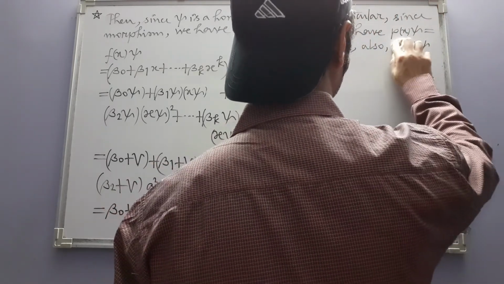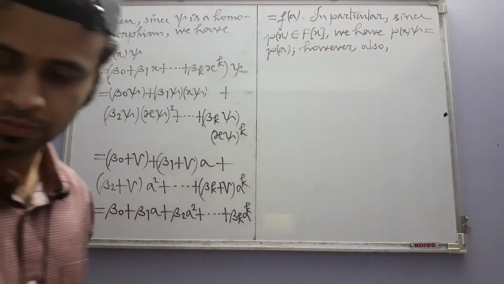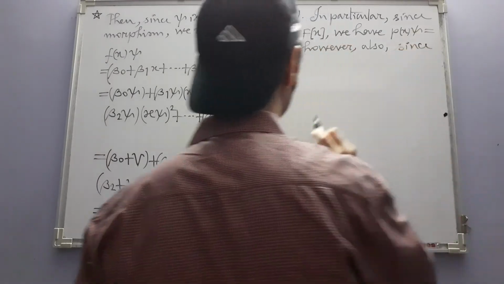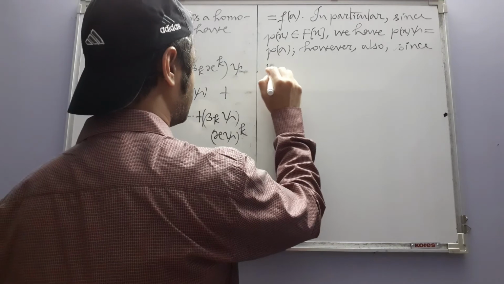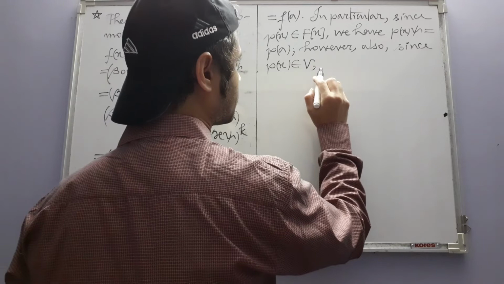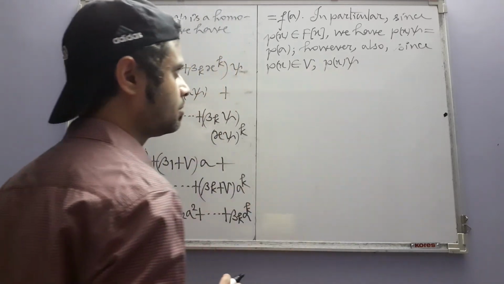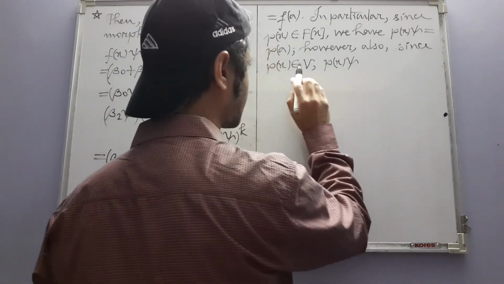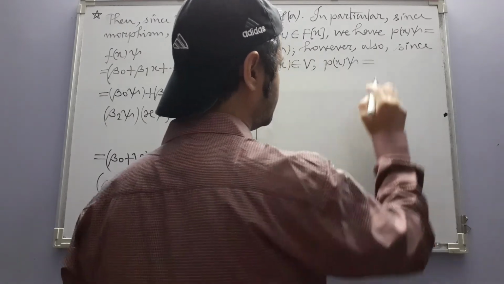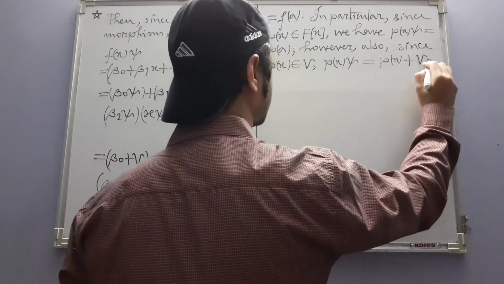However, also since p of x is not just any polynomial, p of x belongs to v. So if we apply psi on p of x, whose kernel is v, the kernel of psi, we get the zero element in E, or in more detail we get this.